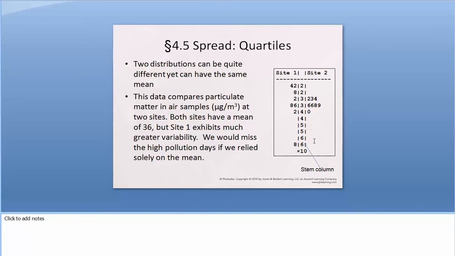And then if you look in here, when you calculate the mean, it will be the same, which is 36. But look, it's not the same spread here. On the right side, the maximum value is 40, whereas on site 1, the maximum value is 68.